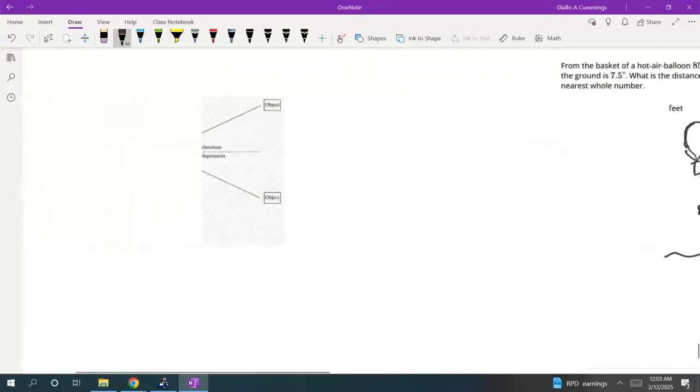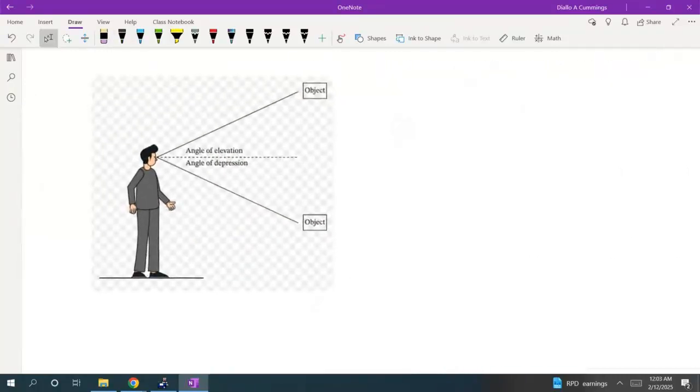So let's take a look at the angle of elevation as well as the angle of depression. For both of these things, you must have what's called a horizontal line of sight. And once you have that horizontal line of sight, notice that the angle of elevation is actually this angle up top.